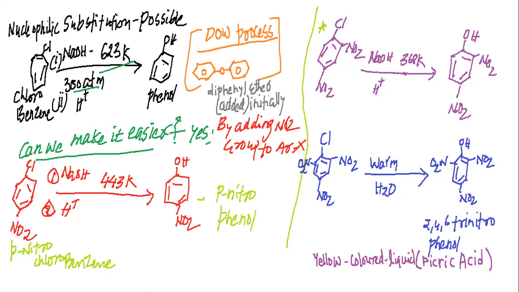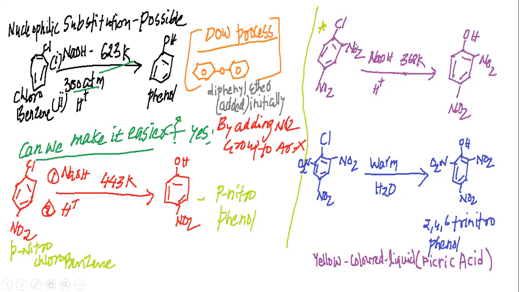So instead of simple chlorobenzene, let us take para-nitrochlorobenzene and try the nucleophilic substitution reaction. The reaction takes place at normal atmospheric pressure and only 443 Kelvin temperature is needed so that we can get para-nitrophenol.